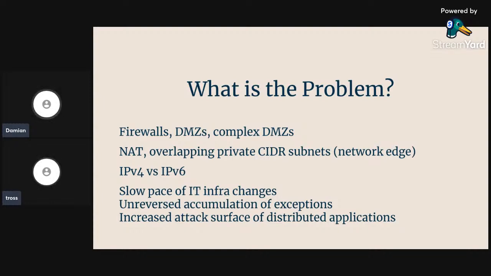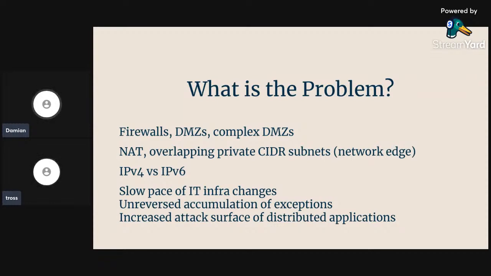IPv4 versus IPv6. If you do business in Asia, you'll find there are a lot of networks out there that are only IPv6, and they interact with networks that are only IPv4. And all of this, the slow pace of IT infrastructure changes.